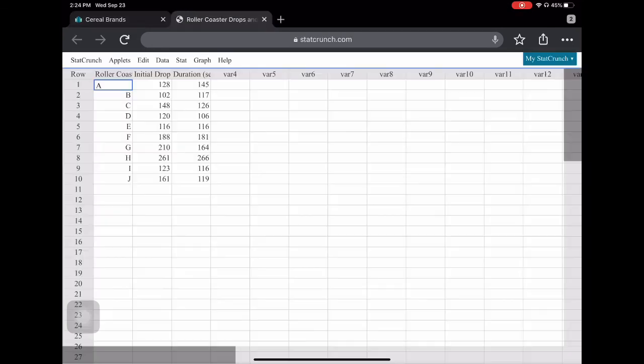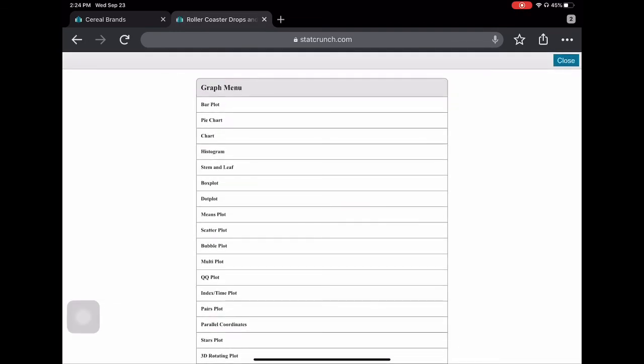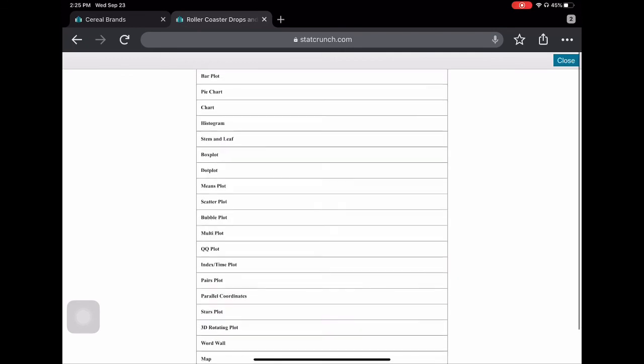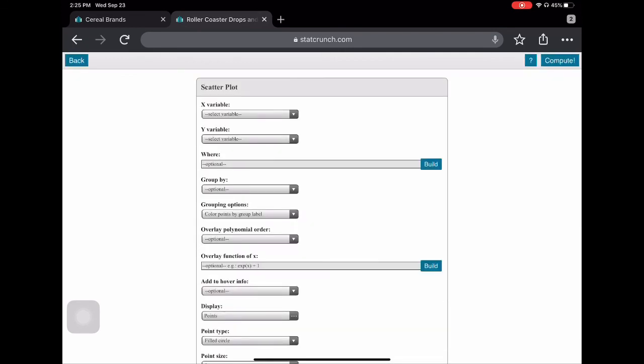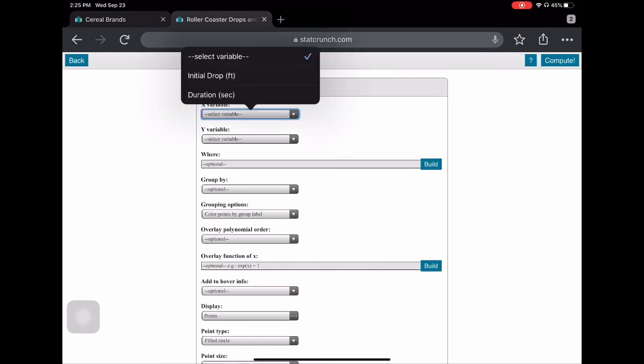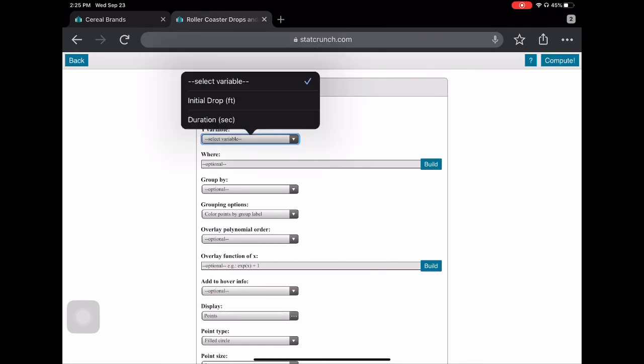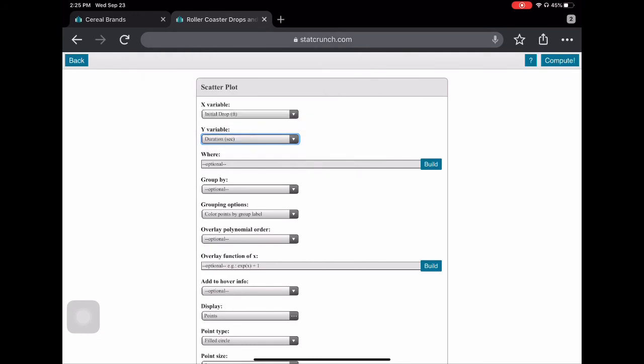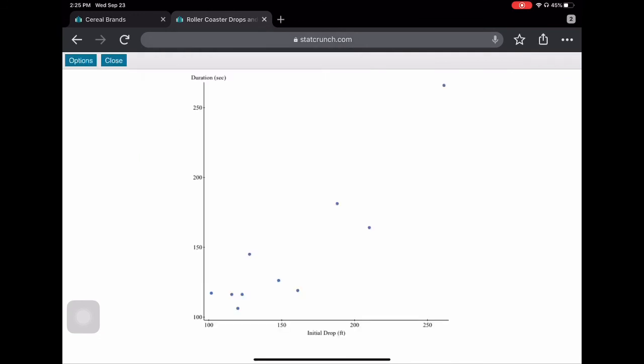Now we're going to graph a scatter plot. The x variable is going to be our explanatory variable, initial drop. And our y variable is our response, which is duration. And then we're going to go ahead and compute. Okay, and we're going to analyze this information in our notes.